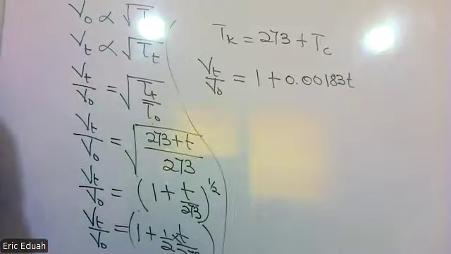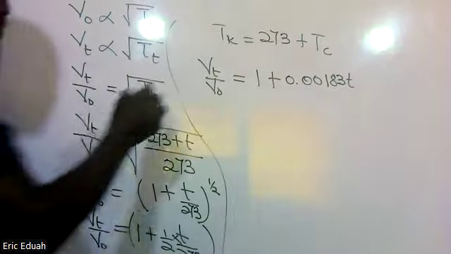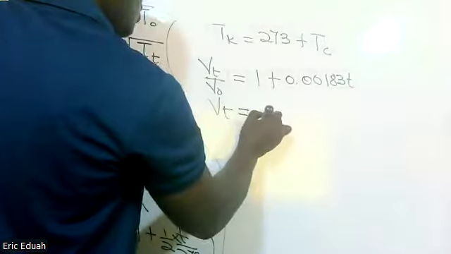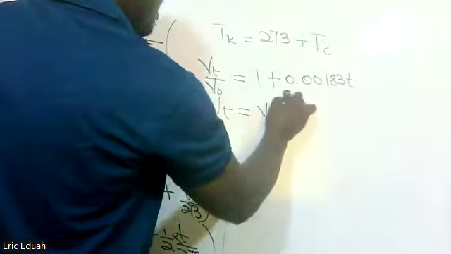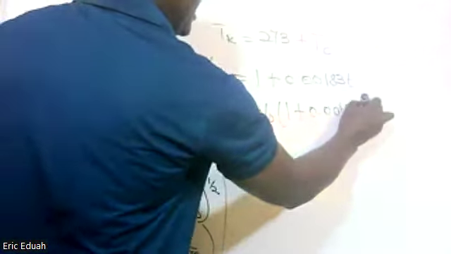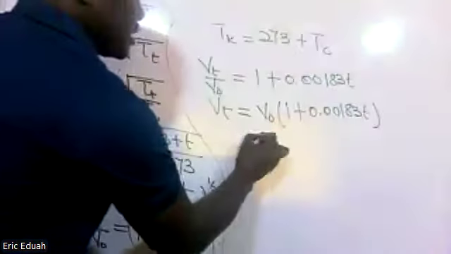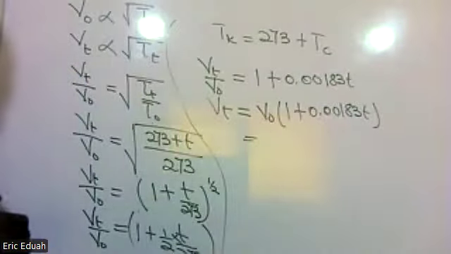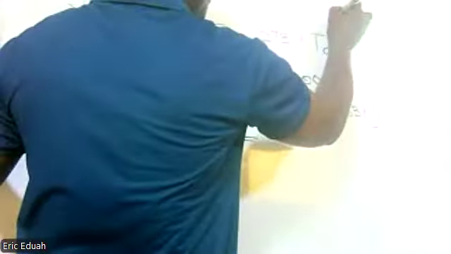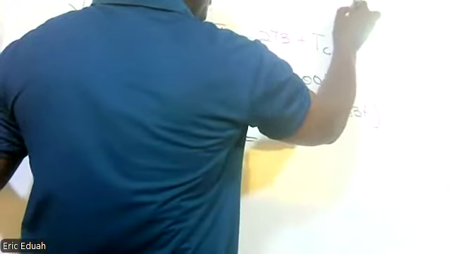Yes, please. Now, V at T is equal to V at 0 times (1 plus 0.00183 t). The velocity of sound at 0 degrees Celsius is approximately taken as 320.